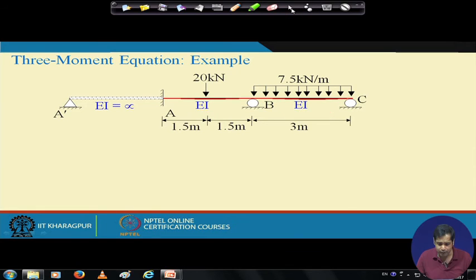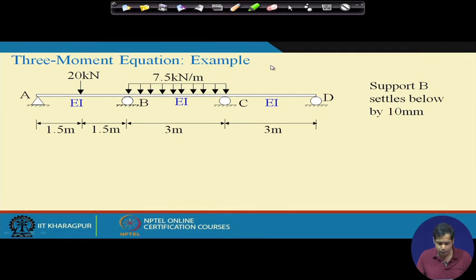Okay, now. So far what we have done is we applied the three moment equation to a problem where it is mainly subjected to external loading, either in the form of distributed forces or concentrated forces or moments. Now, as I said, the external agitation may be given to the structure by allowing a support to move a certain distance.